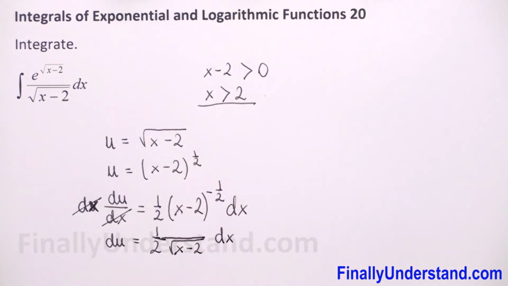So now we see that we have du is equal to 1/2 times dx over the square root of x minus 2.